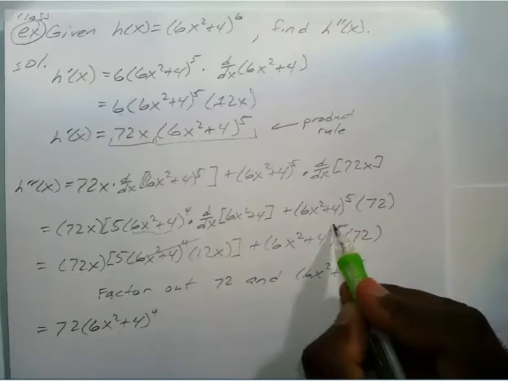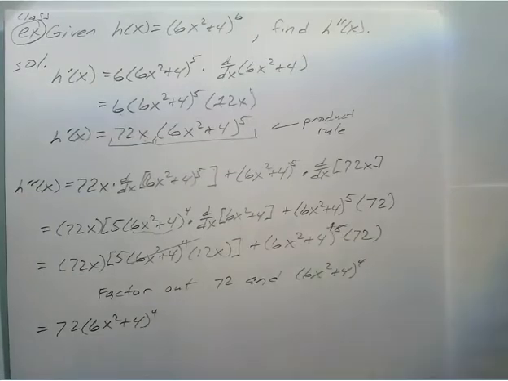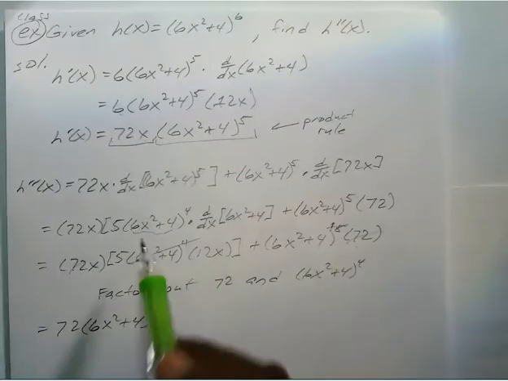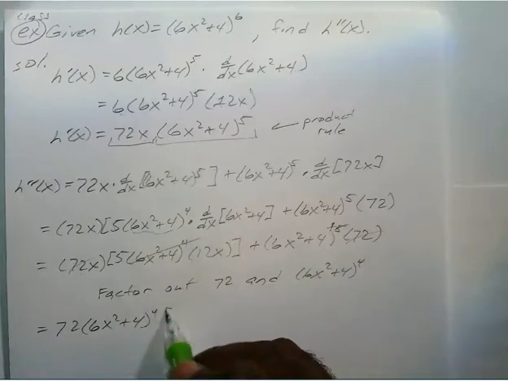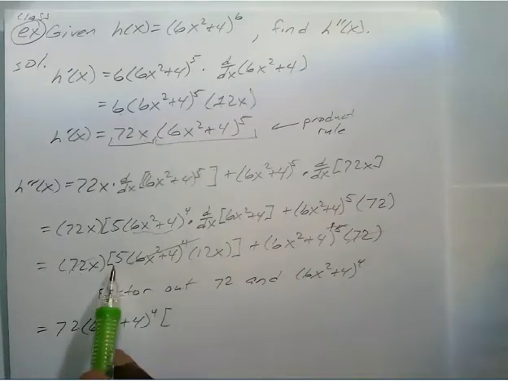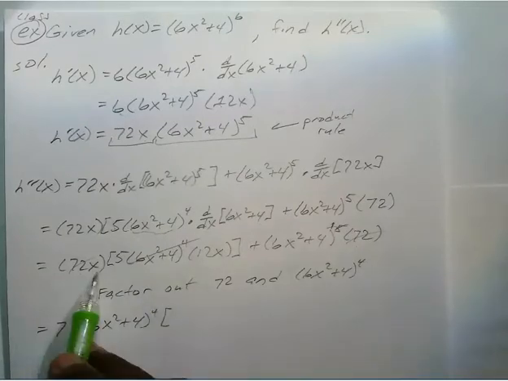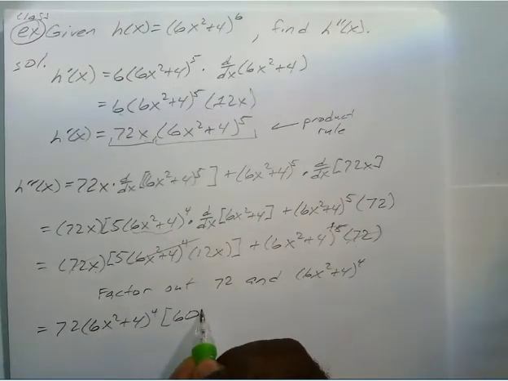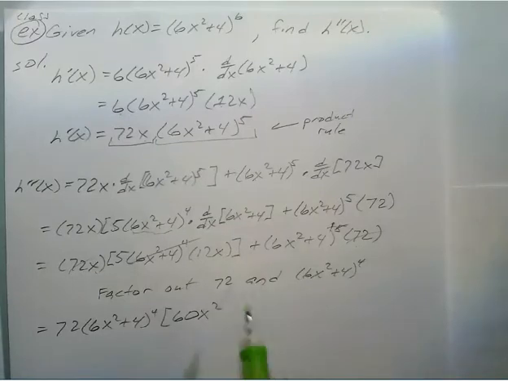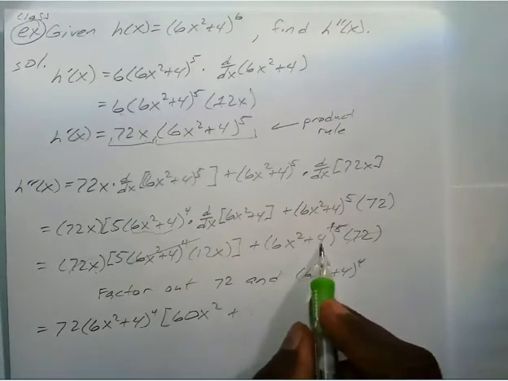Again, go ahead and cross that out. Crossed out our 72 since we factored those out. That will be times 5 times 12x times x is 60x squared plus our 6x squared plus 4.